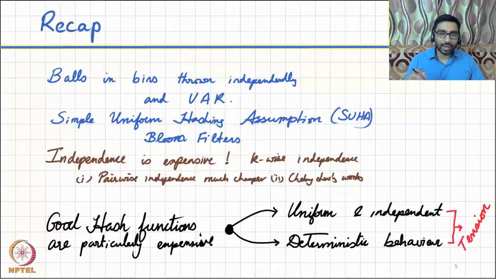On the one hand, hash functions should behave randomly. They should have good randomness properties. For example, when you hash an item, it must be equally likely to be hashed into any one of the locations. And also, we would like these hashed values to be mutually independent of each other. So that's good randomness properties.